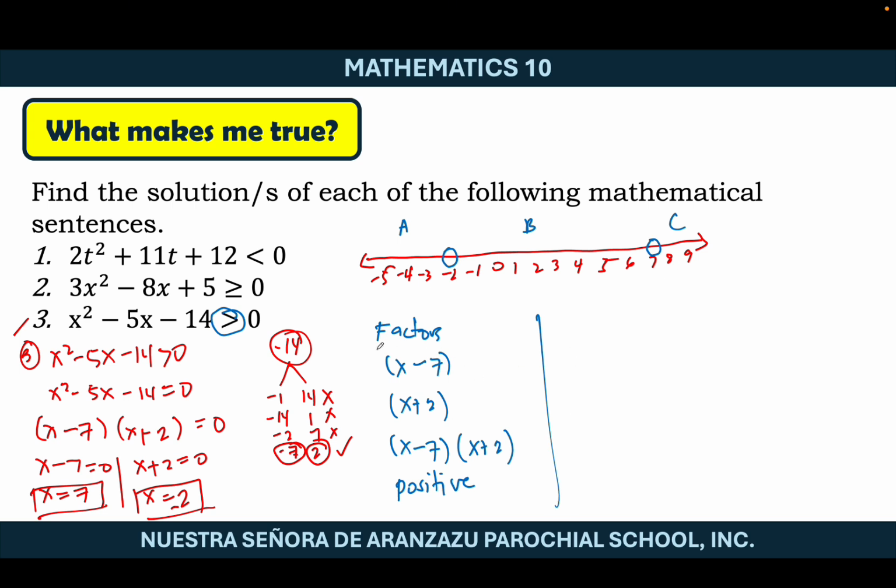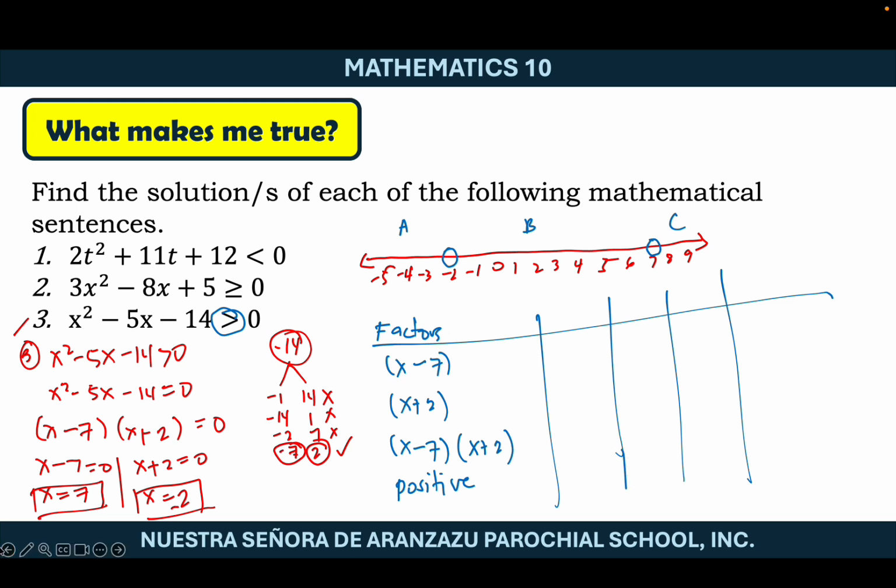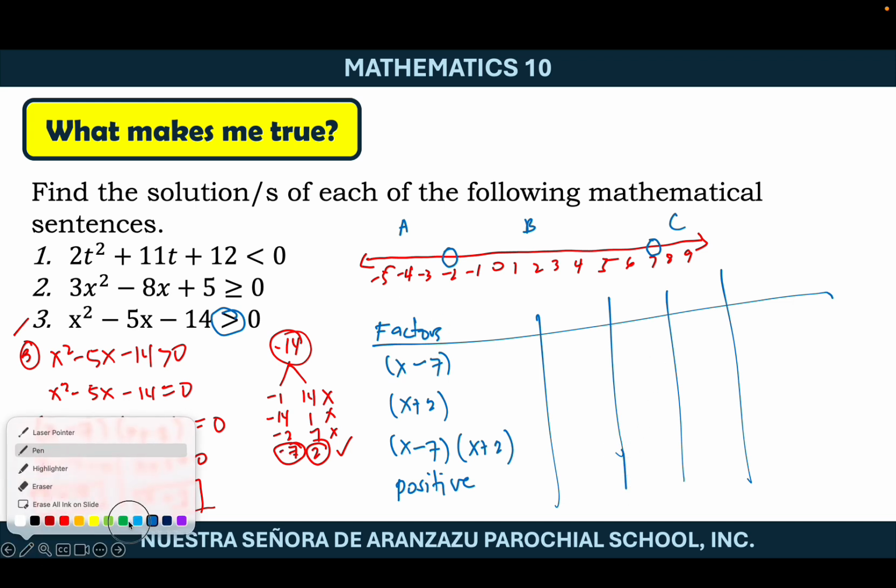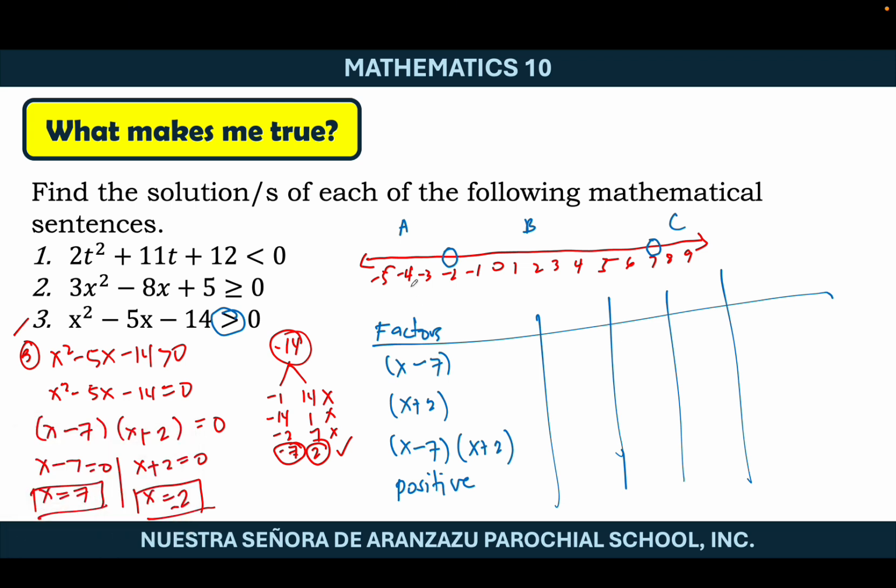Okay? Then after that, you're going to create a test values table para malaman natin saan magto-true. Then ano yung gagamitin natin mga values dyan? Yung values sa bawat region. So sa region A, ano ba yung interval notation natin dito? So from negative 2 to negative infinity.